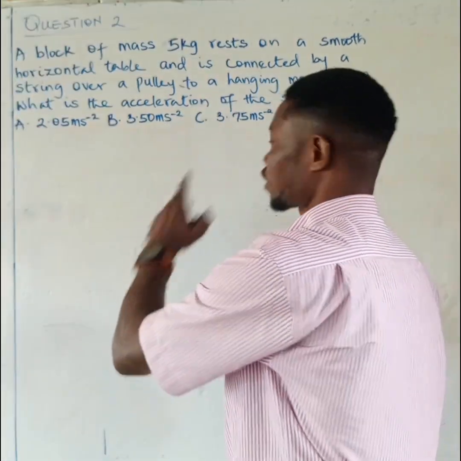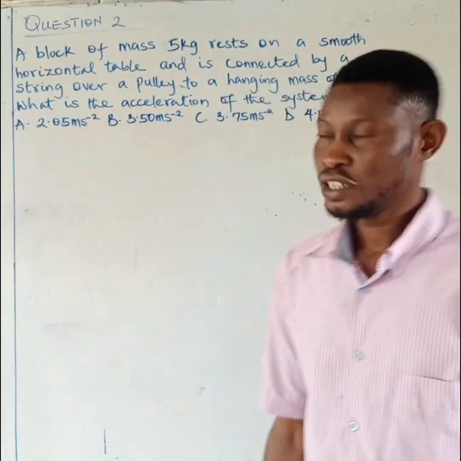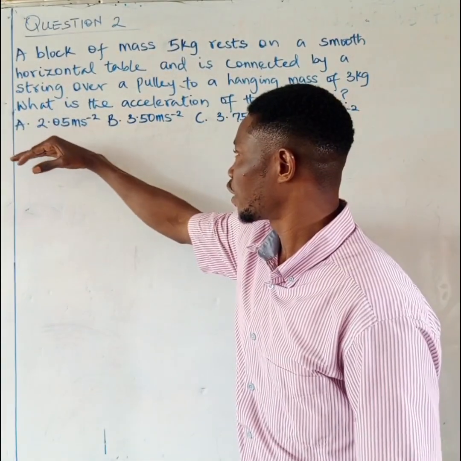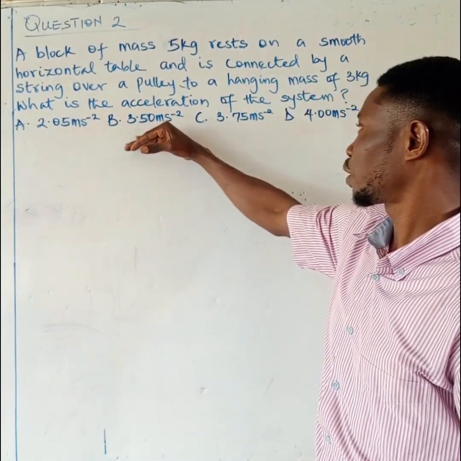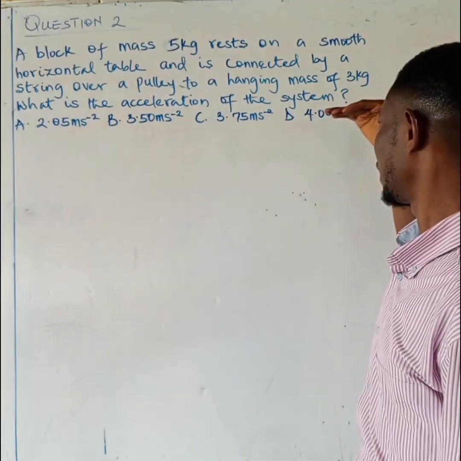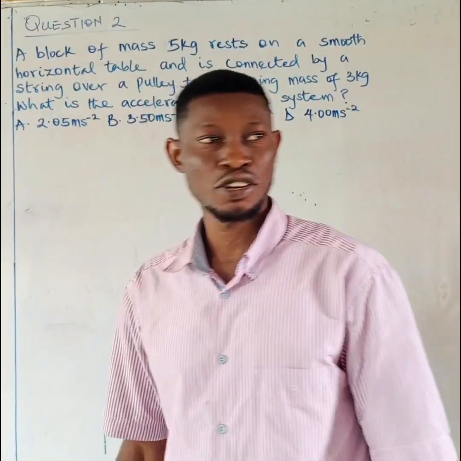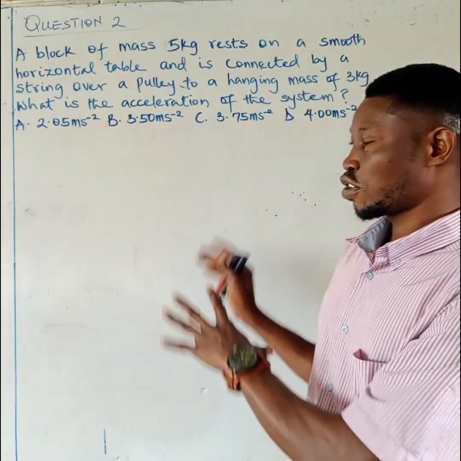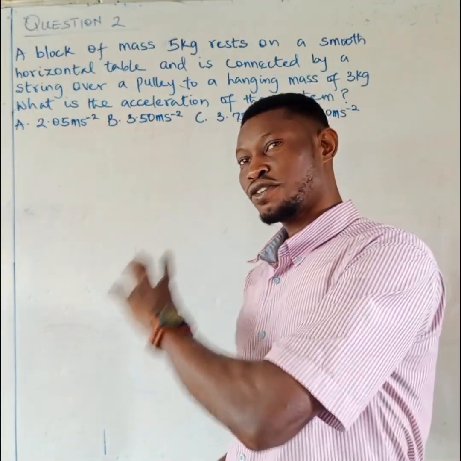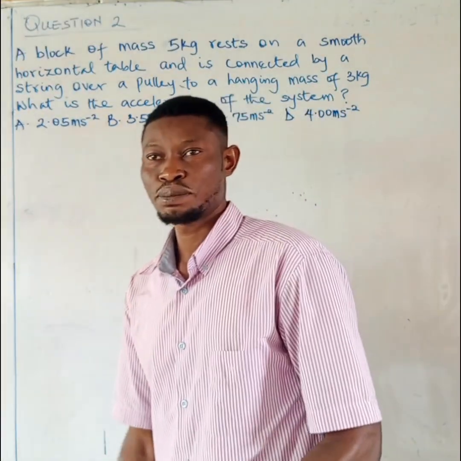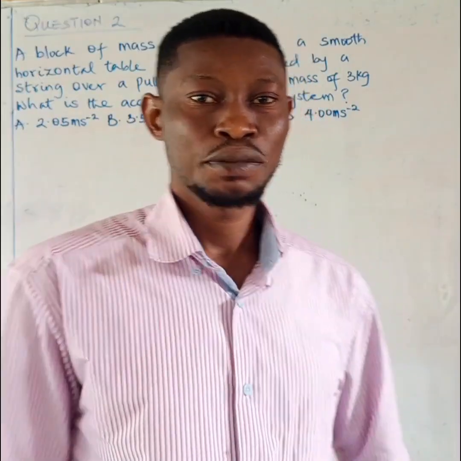What is the acceleration of the system? The options provided here are 2.05, 3.5, 3.75, and 4.0 meters per second squared. So we're going to solve this as usual and find out the option that bears the correct answer.